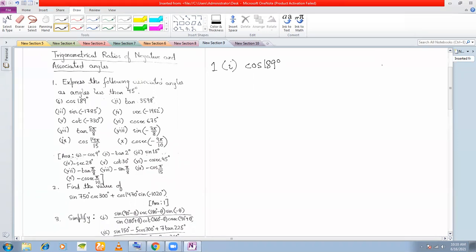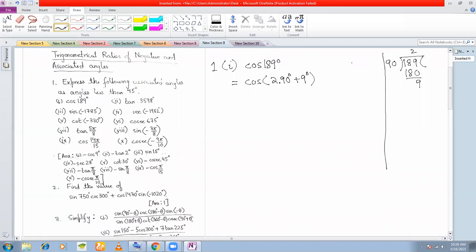This is something you will be doing in your rough work. Divide 189 by 90. How much will you get? 180 with 9 as the remainder, isn't it? So you can write 189 as 2 into 90 degrees plus 9 degrees.